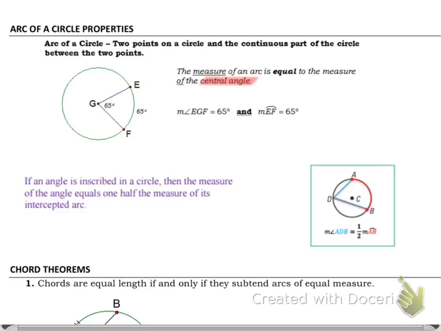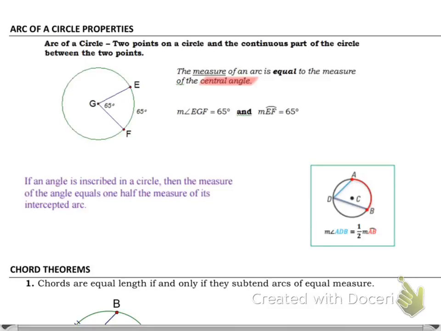That means it has to start smack dab in the middle and be 2 radii. Remember, two radii form that central angle. If that's true, then we know that angle is the same thing as our arc.